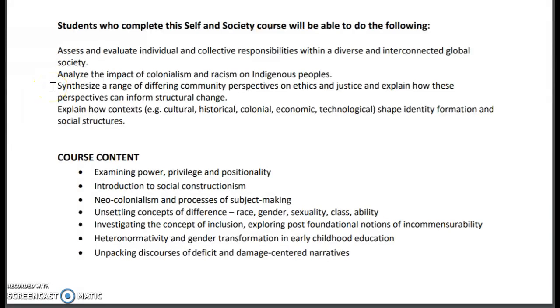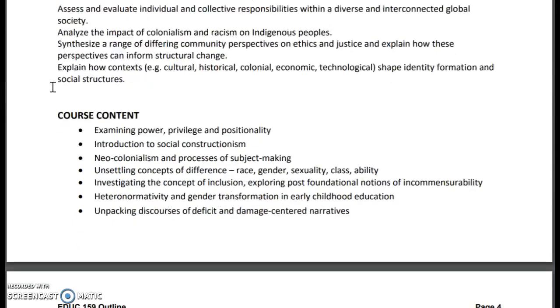Synthesize a range of differing community perspectives on ethics and justice, and explain how these perspectives can inform structural change. Explain how contexts, so cultural, historical, colonial, economic, technological, shape identity formation and social structures.